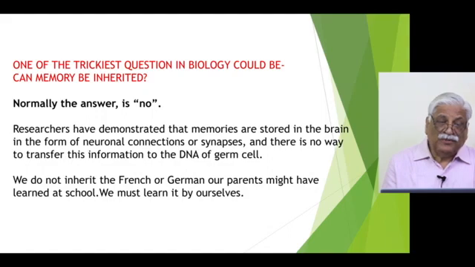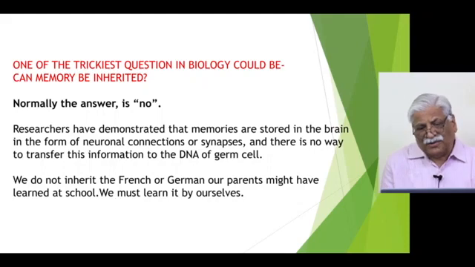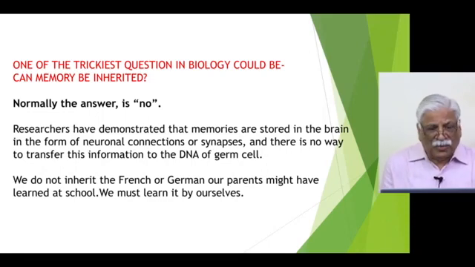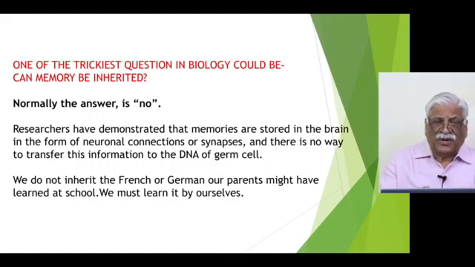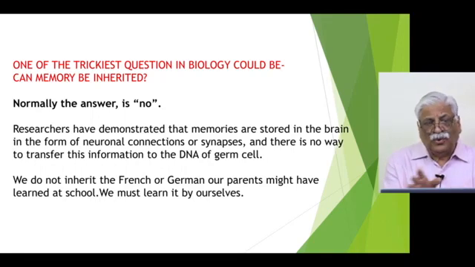But suppose the memory is stored in the form of fibers which are present on neuronal connections or synapses. In that case, is it possible to transfer it to the next generation? Well, actually it is not possible. The reason is, if you want to transfer anything from one generation to another, it should go to the germ cells.